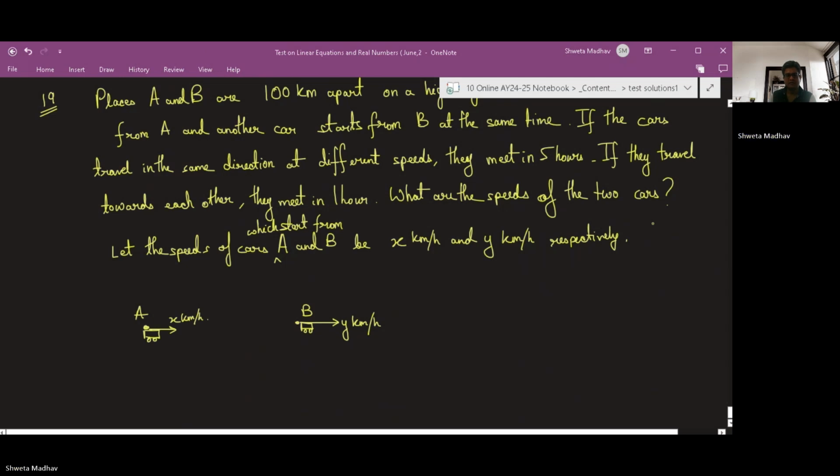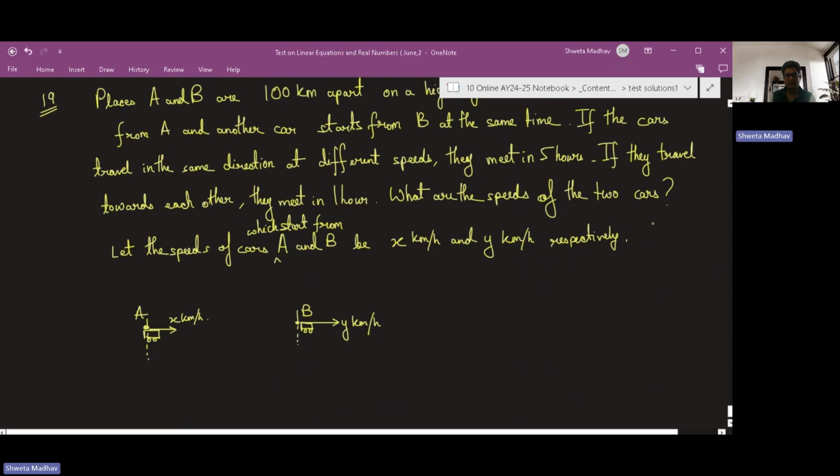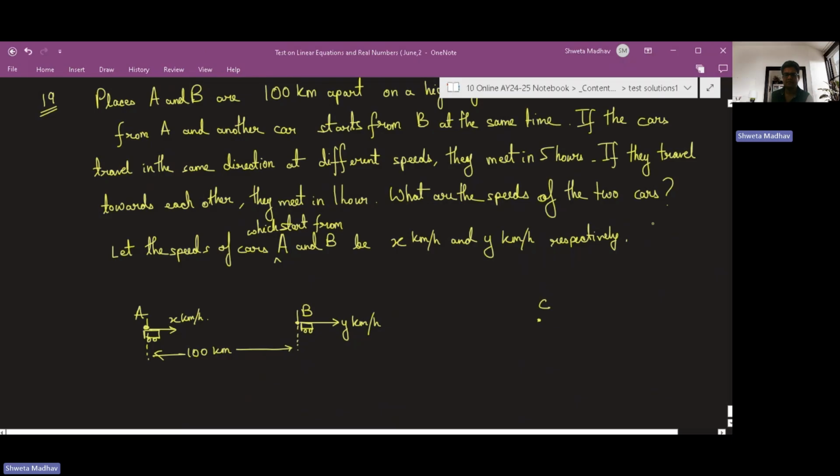The distance between the places A and B is 100 kilometers, since they are 100 kilometers apart, it has been told. So now it is told that if they travel in the same direction, then they will meet in 5 hours. Let's say they will meet at some place C.